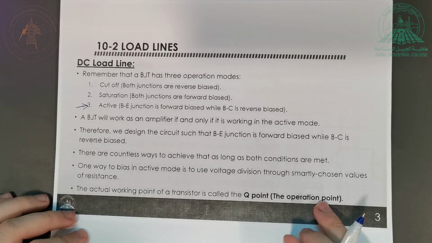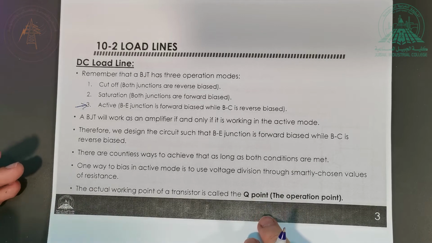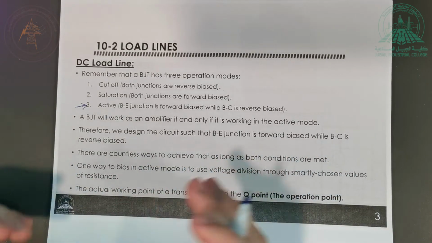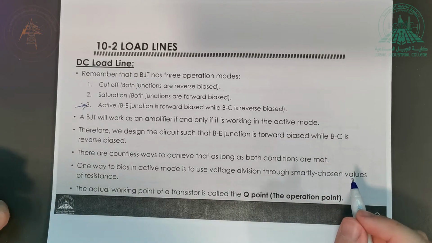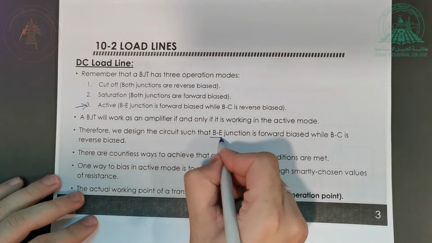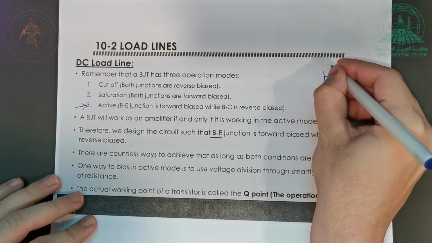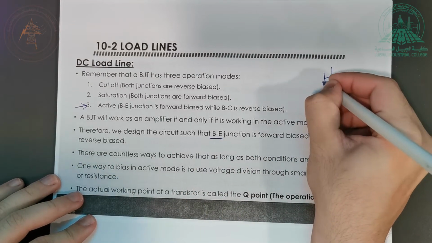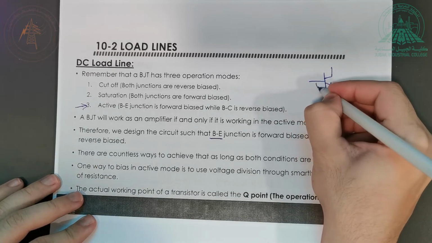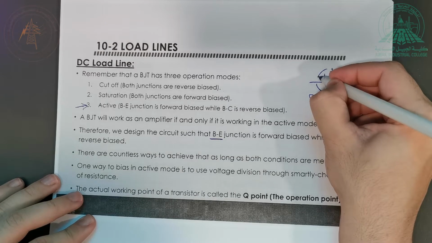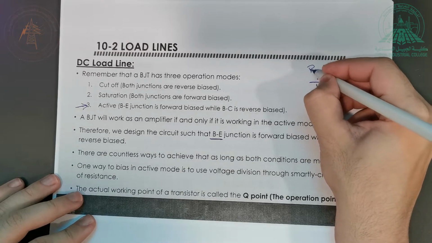In order to make the transistor work in the active mode, there are different ways. Remember, to work in the active mode, there are 2 conditions. We need the BE junction to be forward biased, while the other junction has to be reverse biased.